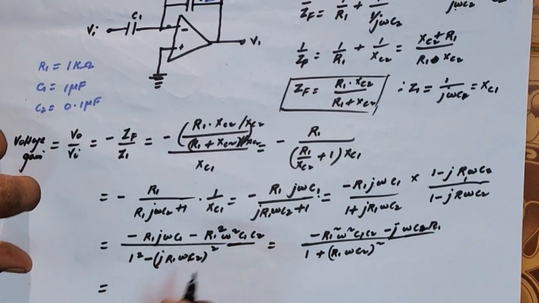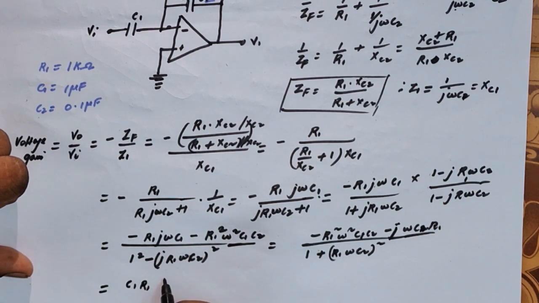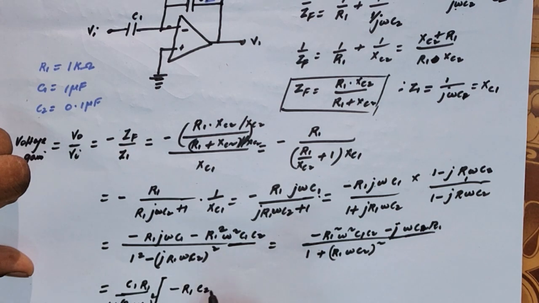Here you can take C1 R1 outside as common. The denominator is 1 plus R1 omega C2 whole squared. Inside the numerator we would have minus R1 C2 omega squared.